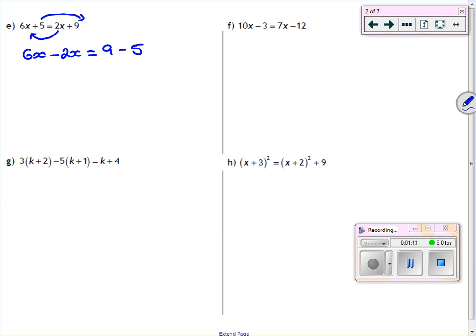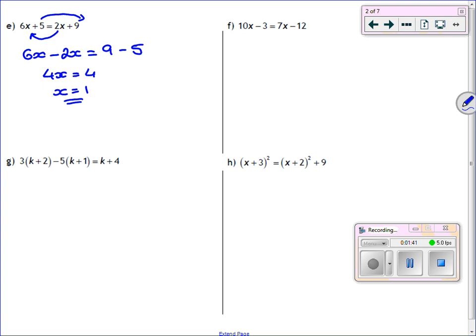When I write out my equations, no matter what level of equations I've got, I always start by writing out the values that are already on the side, and then anything that moves goes after it. So 6x take away 2x gives me 4x is equal to 9 take away 5, which is 4. So x has to be 1.